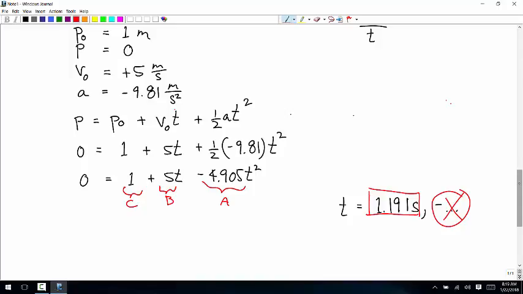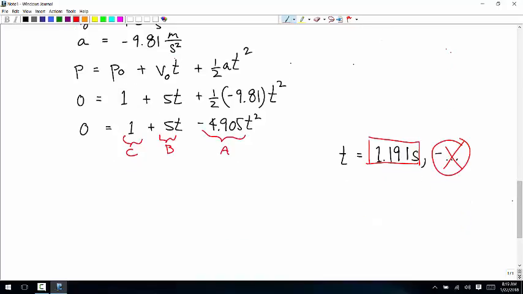Okay, and then part B. How fast is it moving just before it hits the ground?